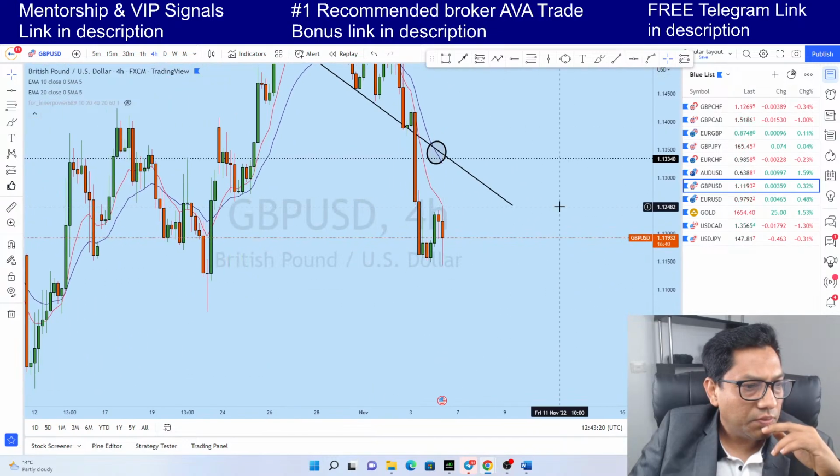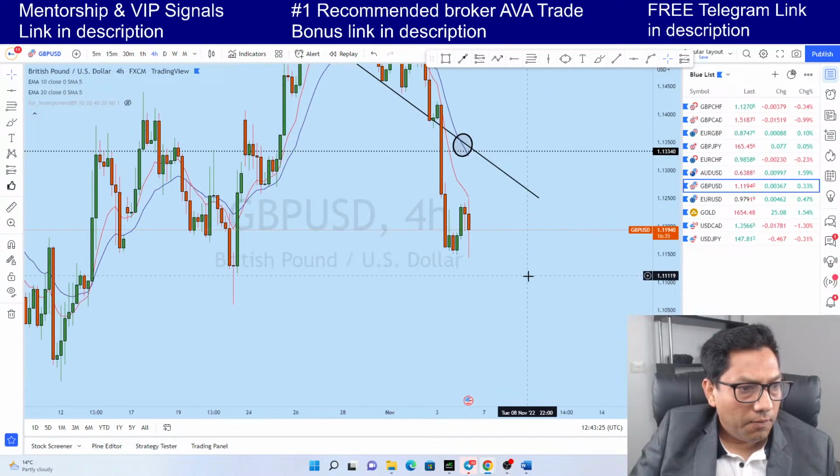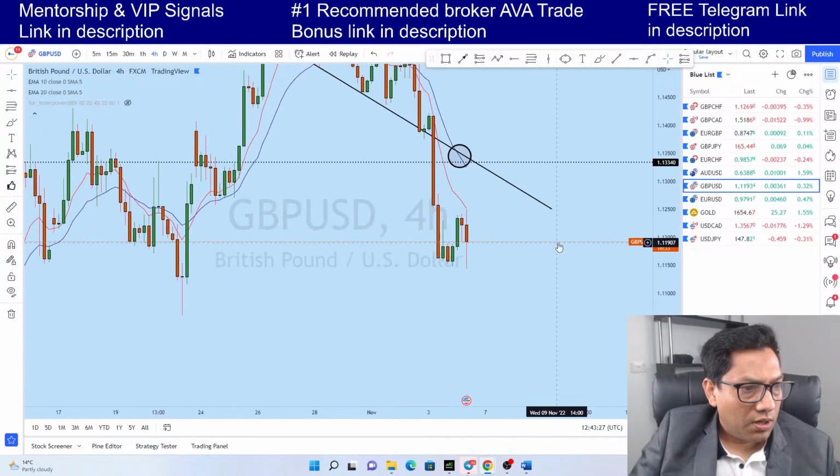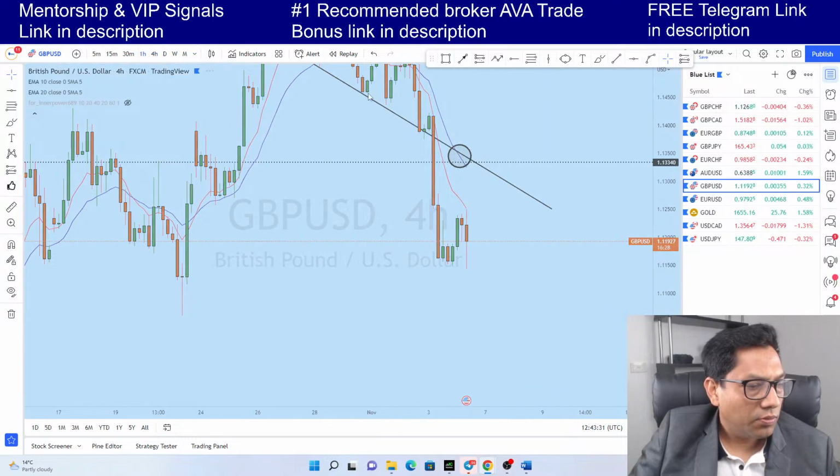We see that British pound US dollar created a downward move. This is also a long-term bearish market. Now how this candle will close will determine a lot of things on this one here.